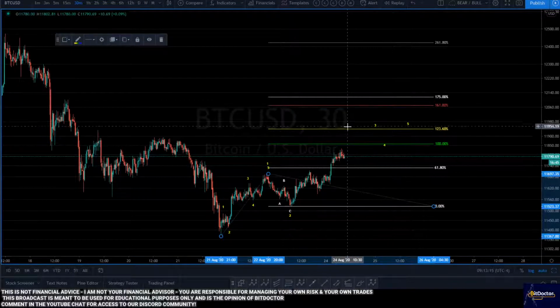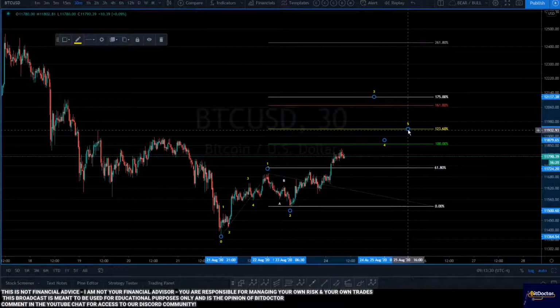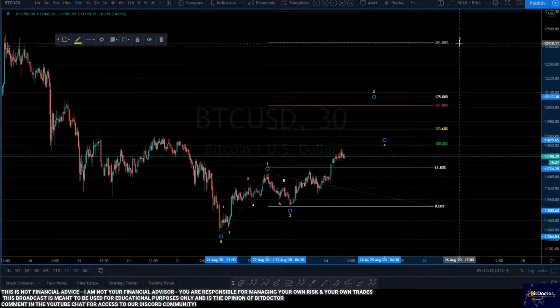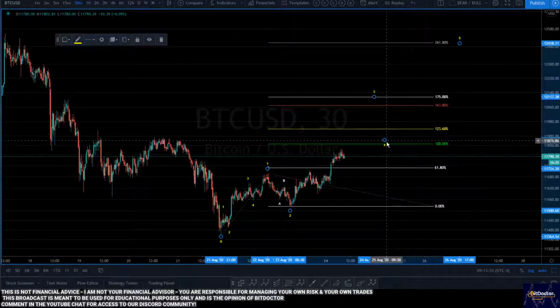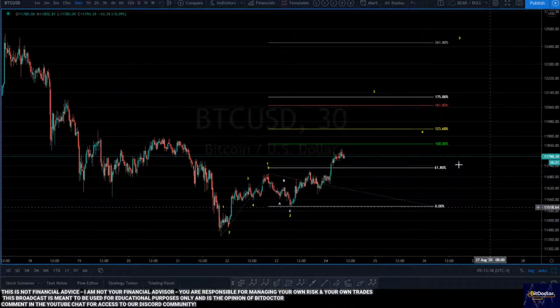This is going to be sitting at about 11.9, we'll call it 11.940, 11.950. If we don't make it past there, we really want this to come all the way up to about 12 to 12.1, before we can actually see this moving back up to about 12.4. This is what we want to see for an impulse.